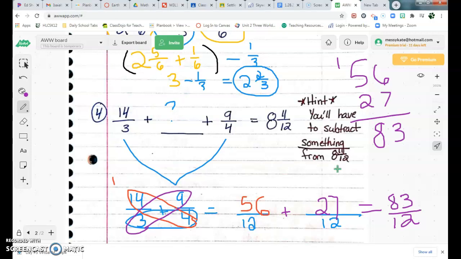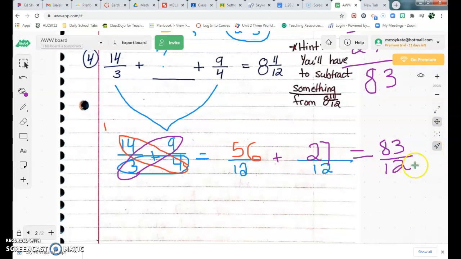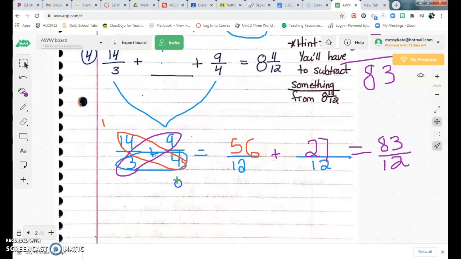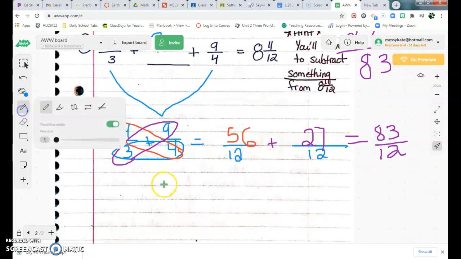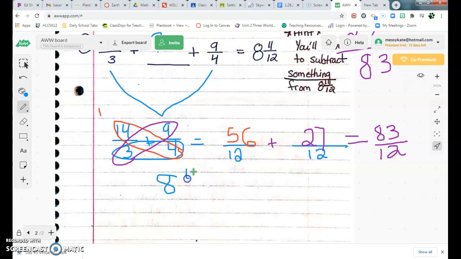Now I need to ask myself how many times 12 can go into 83. But I'm actually going to wait on that for a second, because now what I need to do is subtract that from my 8 and 11 over 12. So I'm going to bring down my 8 and 11 over 12 up above here, and I'm going to subtract 83 over 12. Well, I'm going to make this an improper fraction.